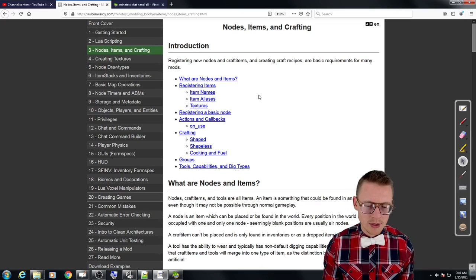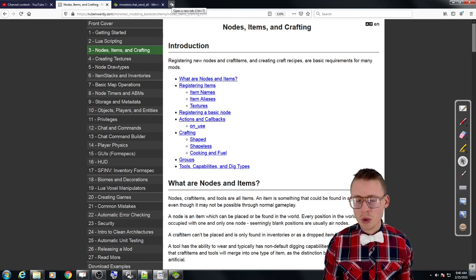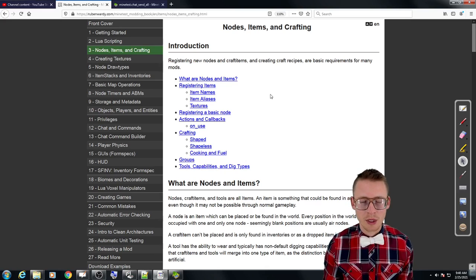If you want to read this textbook, simply Google Minetest modding book, and it'll be the first link. That'll get you here, and then I'm on chapter 3.